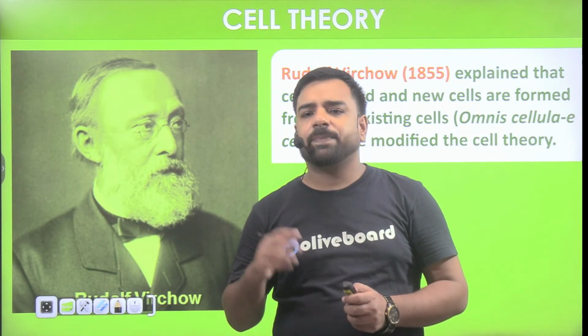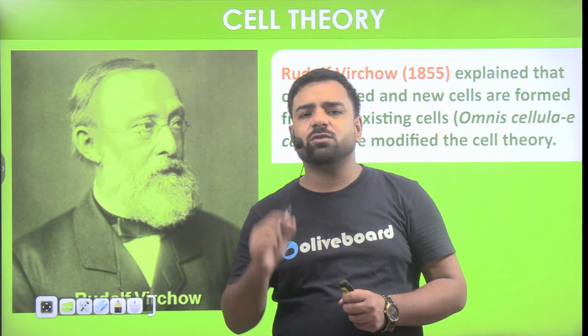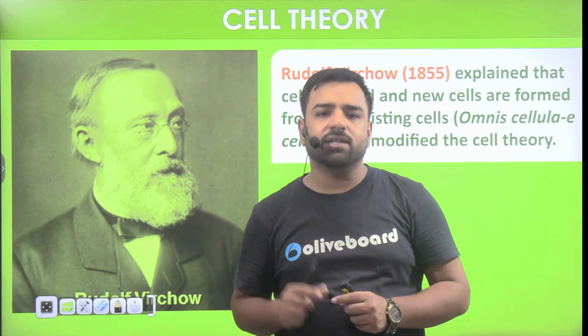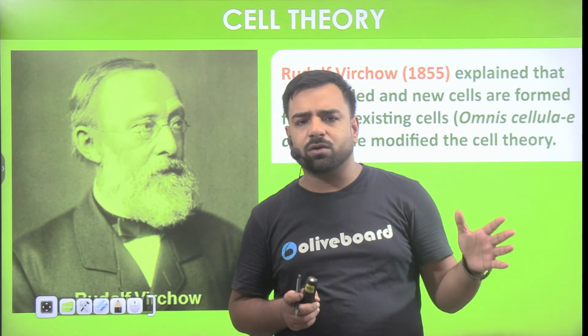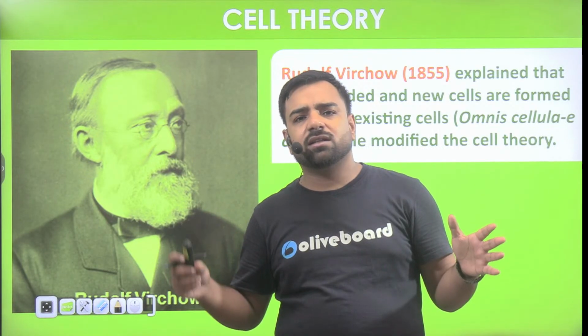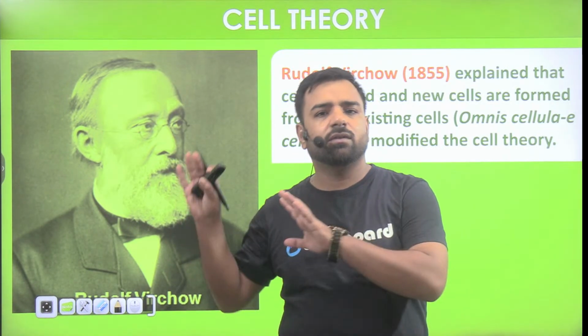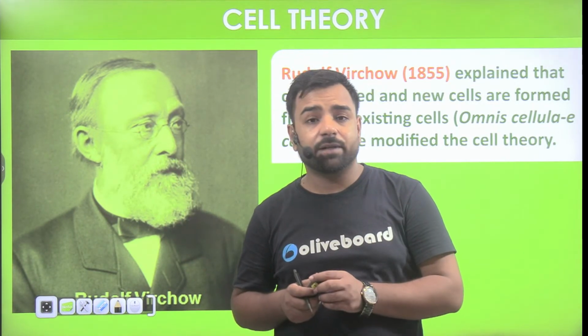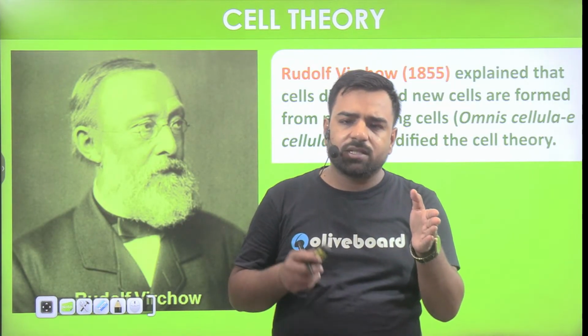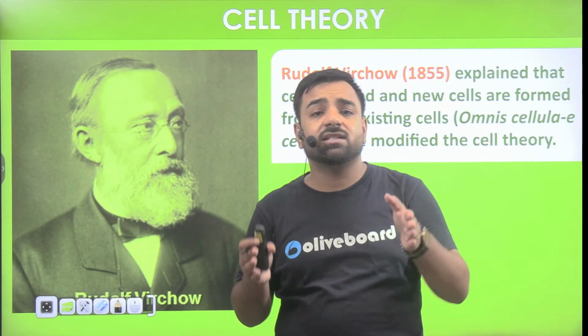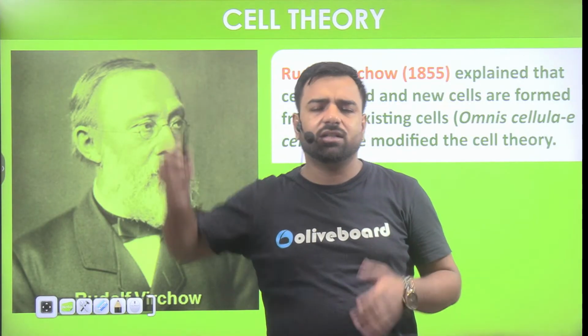RBC has the lifespan of 120 days, which means the day I was born, after 120 days, RBC should have vanished, but no. Some of the RBCs were dying, some of the RBCs were forming, and that process continues till the whole life.